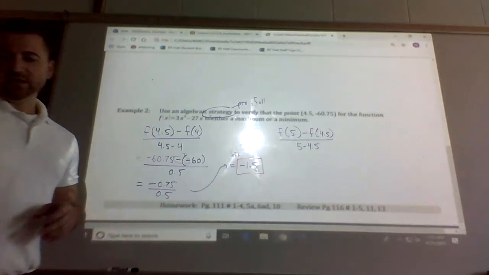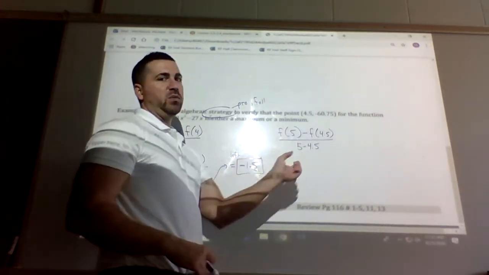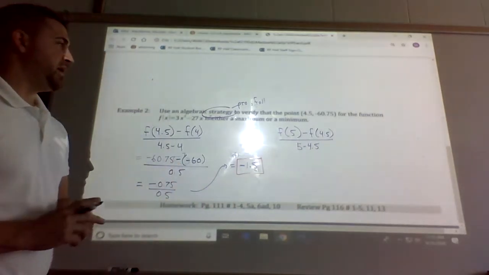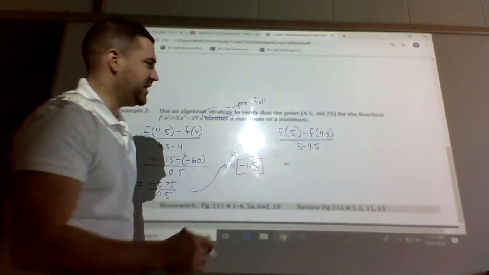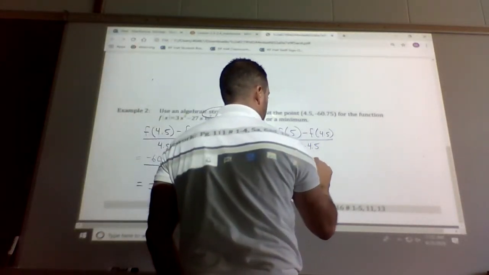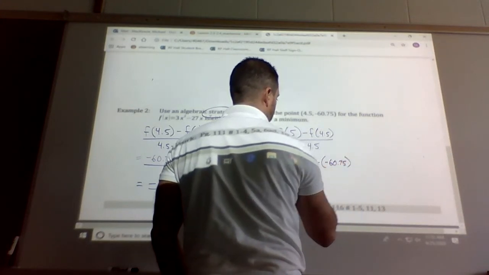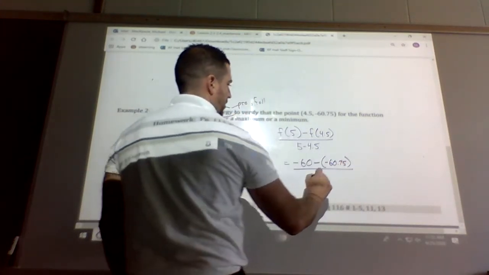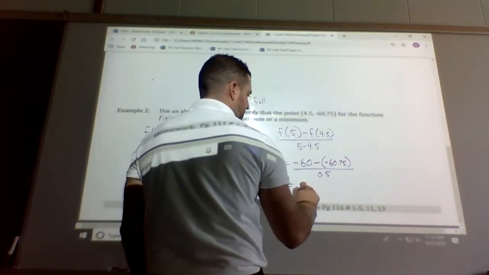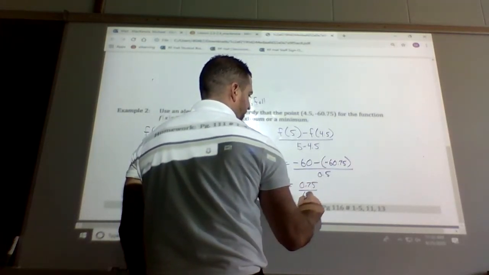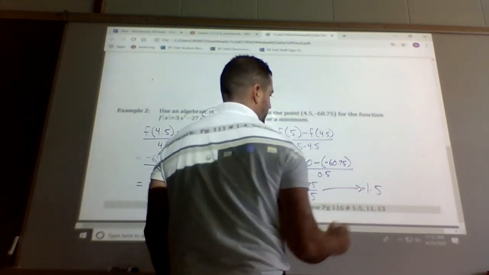So to the left, it's a negative 1.5. Now, if we get a positive here, then we know it is going to be a minimum. So f at 5, I have it written down, is negative 60 minus negative 60.75, all over 0.5. So again, we now get positive 0.75 over 0.5, which is positive 1.5.